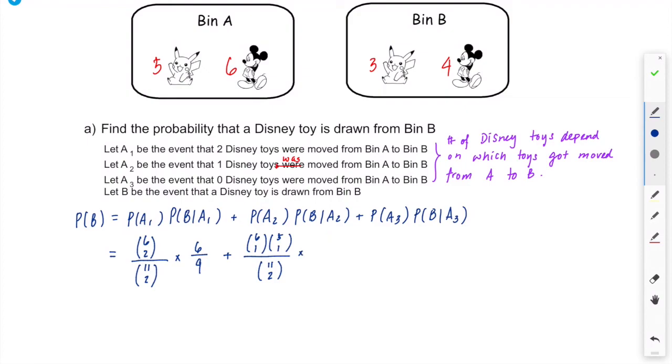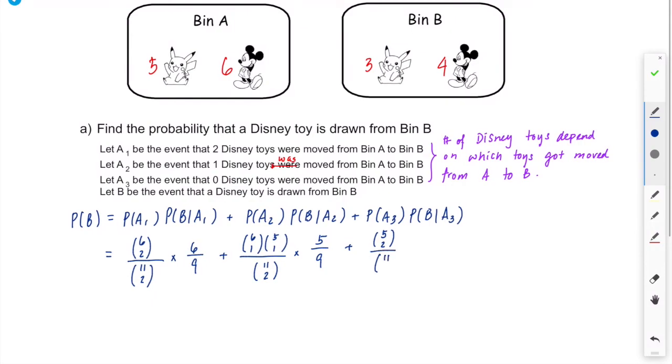And then you multiply by 5 over 9, 1 additional Disney over the 9 toys you have in total. Plus A3, you're moving none of the Disney, so only 5 choose 2 with the Pokemon, over 11 choose 2. And then you still have 4 Disney toys over 9. So this is 2 over 11 plus 10 over 33 plus 8 over 99.